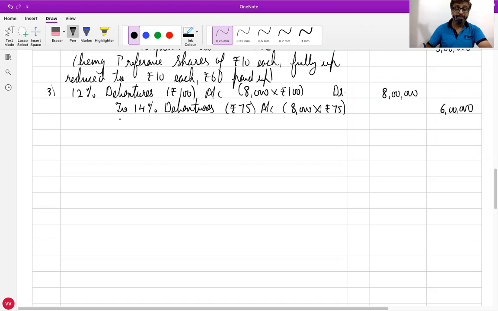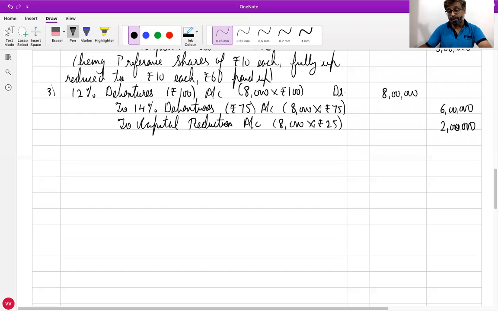And to capital reduction account, what amount? 8,000 into 25. The 25 rupees they are sacrificing will be transferred to capital reduction account, that is 2 lakhs. Very good, Manav, mute yourself.